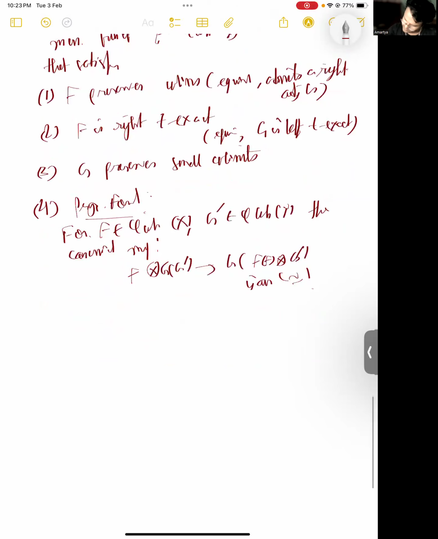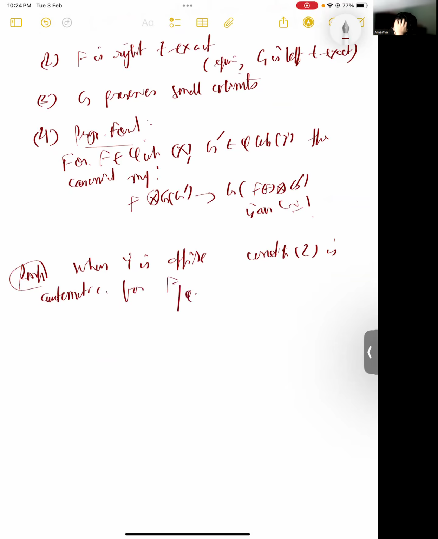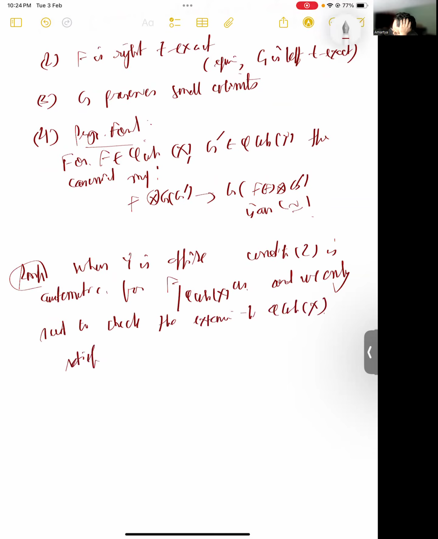So remark: when Y is affine, condition 2 is automatic for F restricted to QCoh X connective, and we only need to check that the extension to QCoh X satisfies 3 and 4.